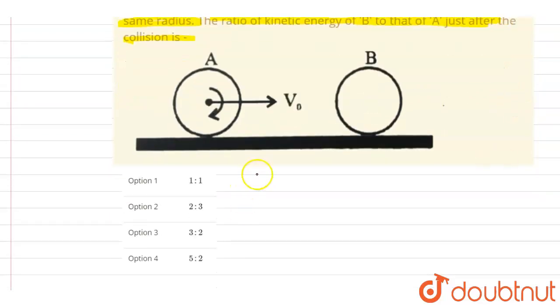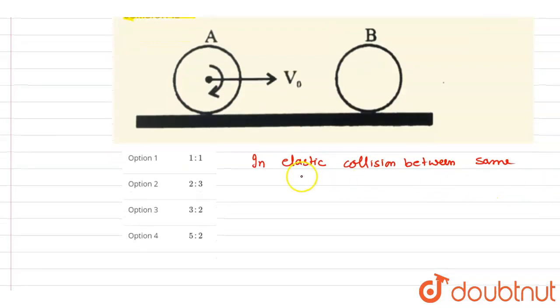Now, in an elastic collision between bodies of the same mass, what happens? The velocities get exchanged. Which velocity? Not the angular, only the linear velocity gets exchanged after the collision.